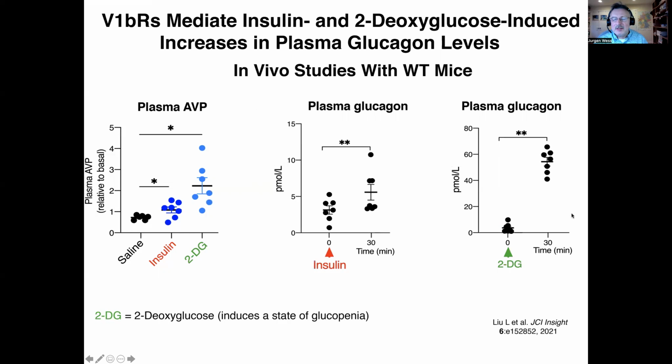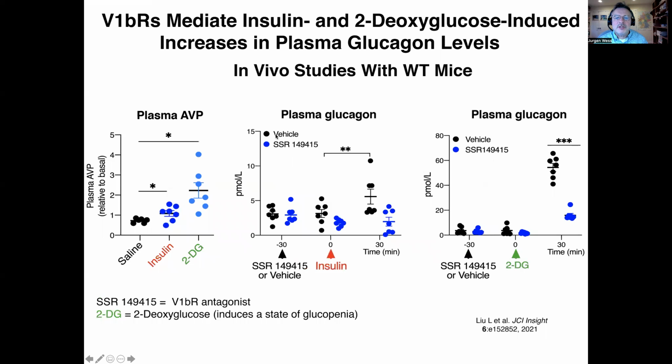And to test this hypothesis, we pre-treated the wild-type mice with either vehicle or a selective V1b receptor antagonist, SFR149415, and then injected with insulin or 2-DG.